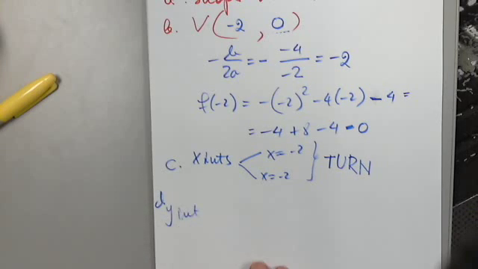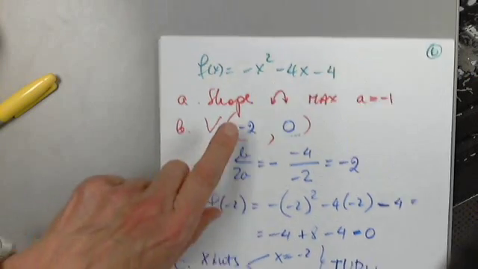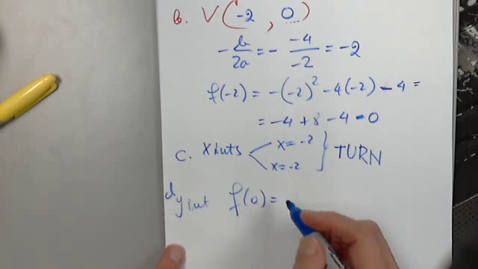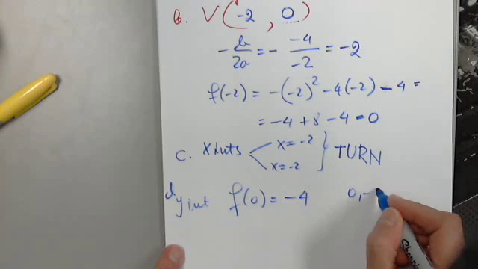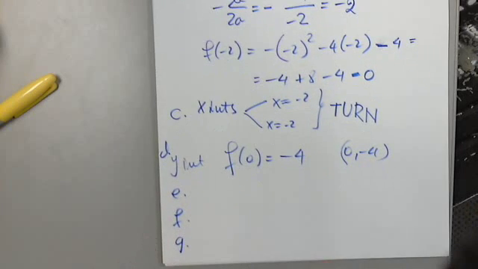Y-intercept. That's D. When x is 0, so I have to find f of 0. 0, negative 4. So 0, negative 4. As you remember, E and F are just words, and G is the range.